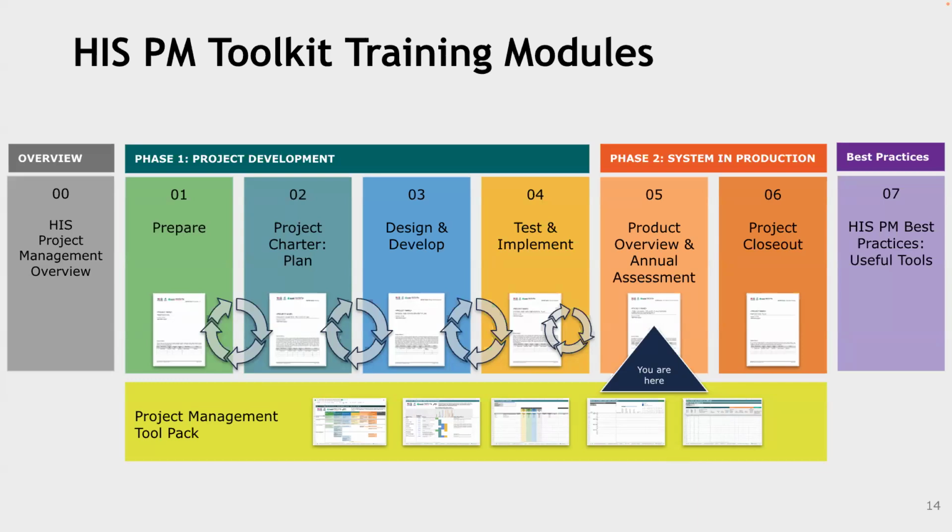That's the general agile methodology. So as you move through these cycles, whether it's preparation, writing a project charter, designing and developing, testing, implementing, etc., they are not perfectly linear steps. There are always feedback loops, there are always changes, there are always improvements.